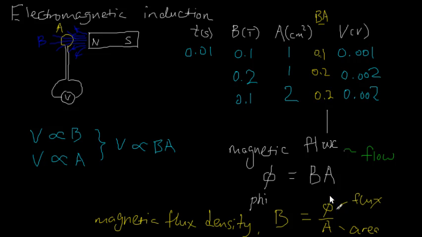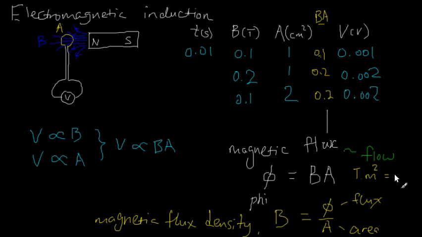So let me just finish off by saying that we know that the unit of B is Tesla, and the SI unit of A would be meter squared. But this combination of units, Tesla meter squared, has a name.